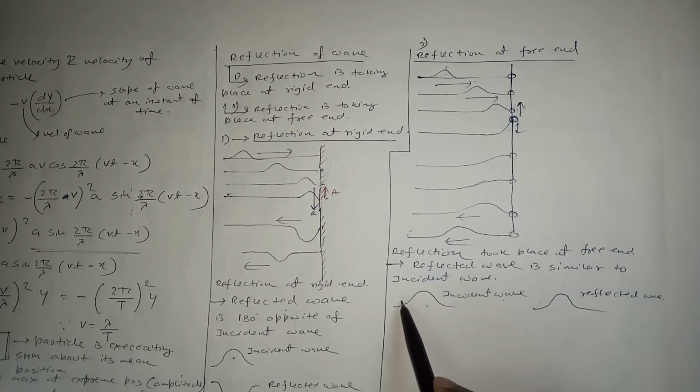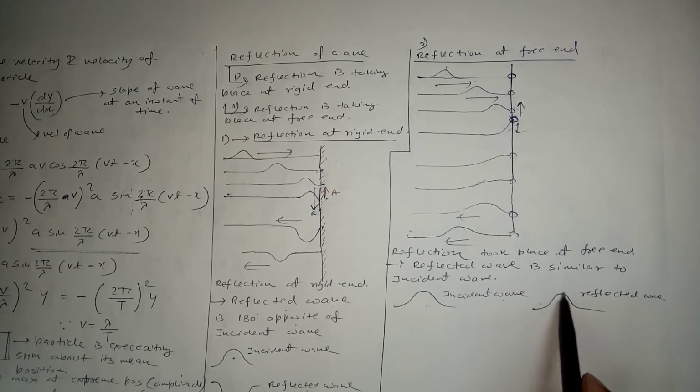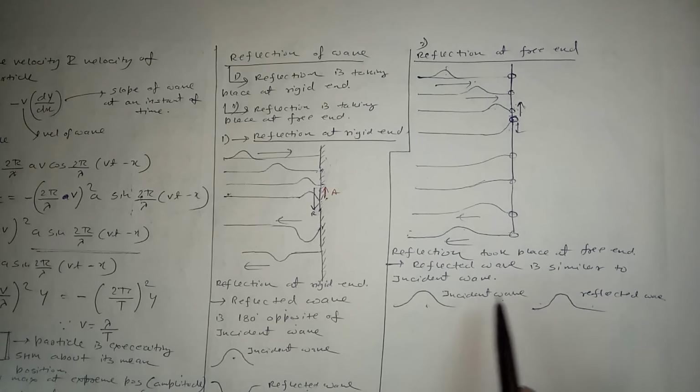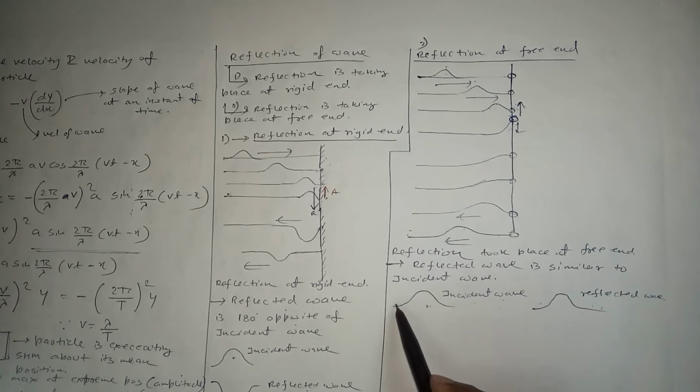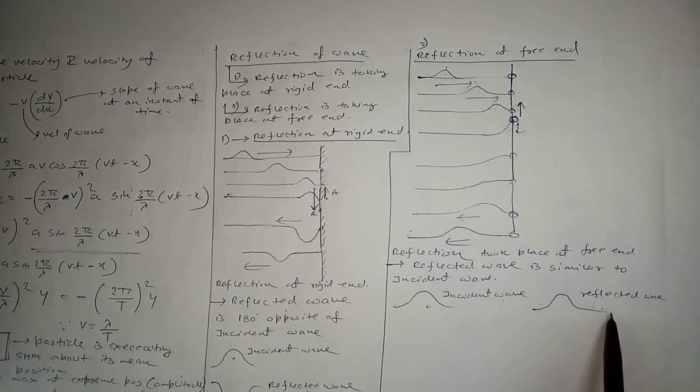If we ignore that, then as long as we are considering the physical characteristics, there is no difference between the incident and reflected wave. We are not considering direction, but the graphical nature. These two look exactly the same.